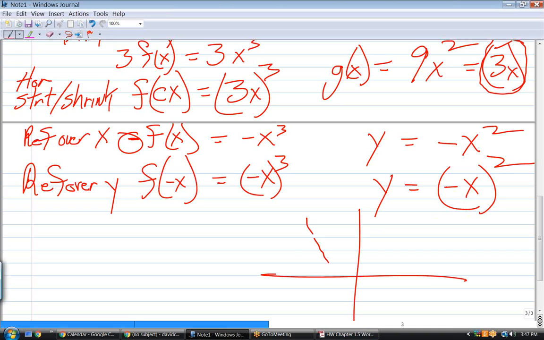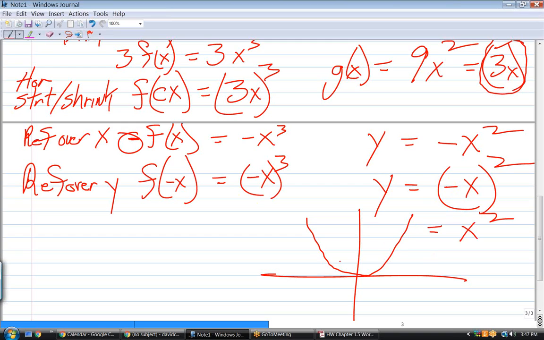Well, if I take my basic thing and I reflect it over the y-axis, what does it look like? It's going to be the same thing, it's symmetrical. Exactly. So it won't change it. If I take this graph and reflect it over the y-axis, it does not change it. And sure enough, when I square this, I get the same function. So putting the negative sign inside doesn't change it for this function.